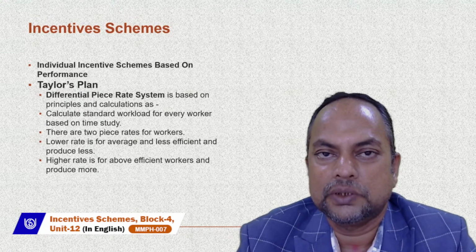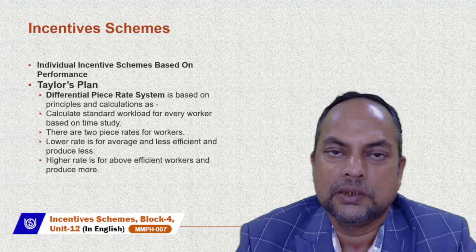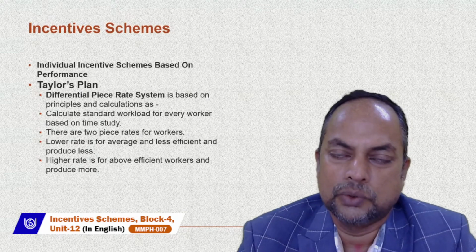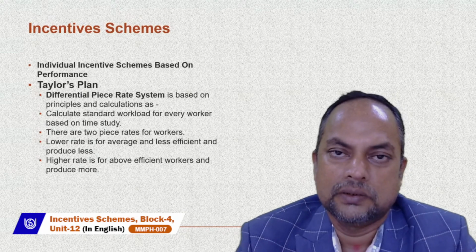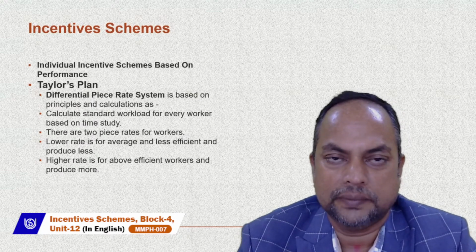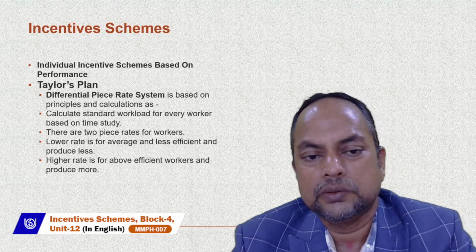Sometimes you do refer to these agarbatti manufacturing units, hand rolled agarbattis, right? So, if the worker is given a target to roll at least 1,000 such pieces of agarbattis in a day, right?